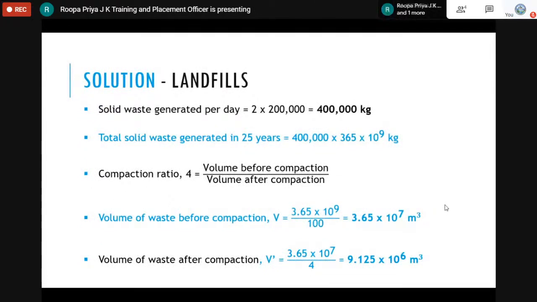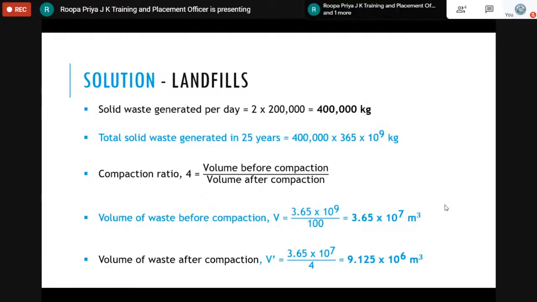So the solid waste generated per day will be 2 into 2 lakhs, that is 4 lakh kg of the waste generated per day. Total solid waste generated in 25 years will be, considering 365 days, 4 lakh into 365 days, which gives us the total solid waste generated in 25 years.